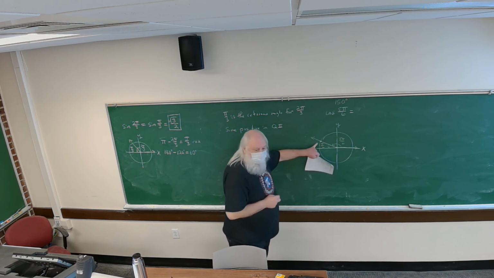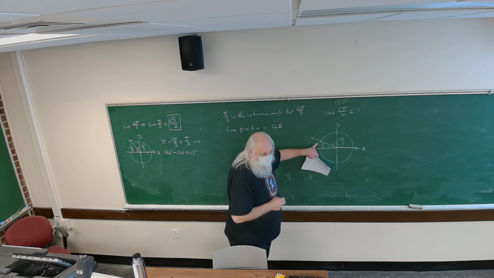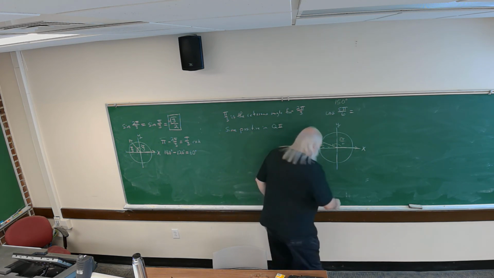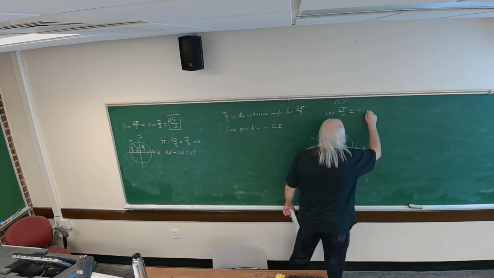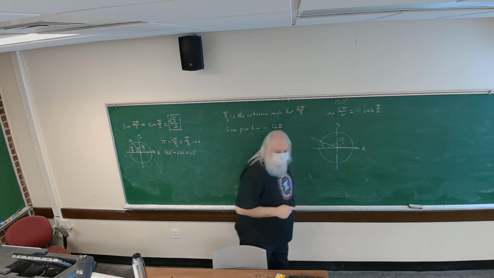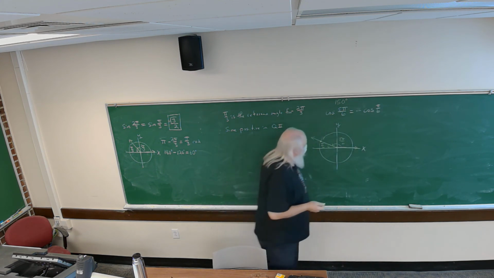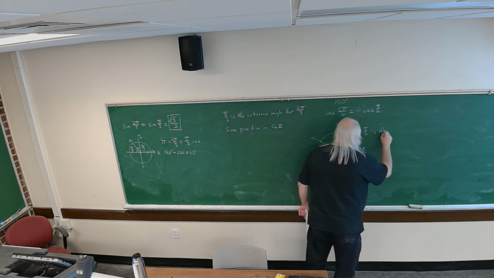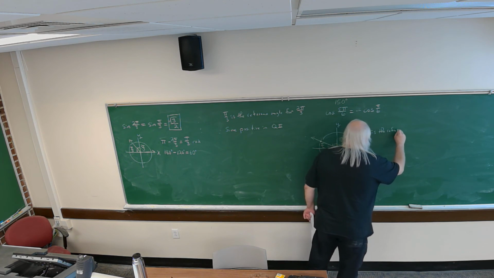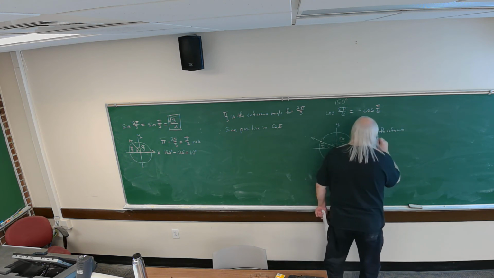Is cosine positive or negative in the second quadrant? Negative, right? So the cosine of 5 pi over 6 is going to equal the negative of the cosine of pi over 6, because pi over 6 is the reference angle for 5 pi over 6.